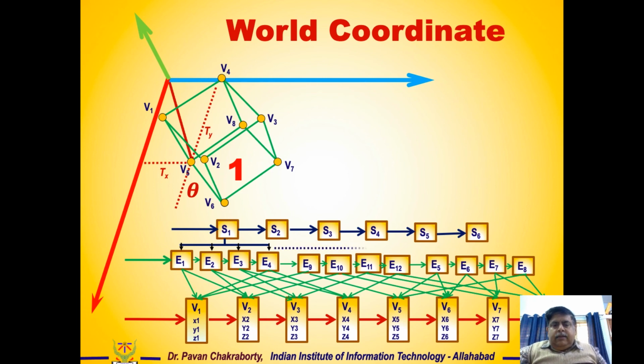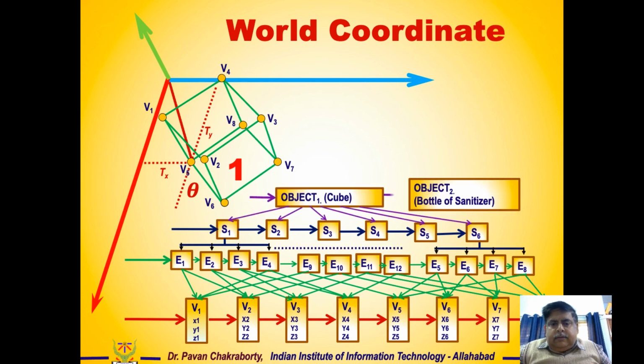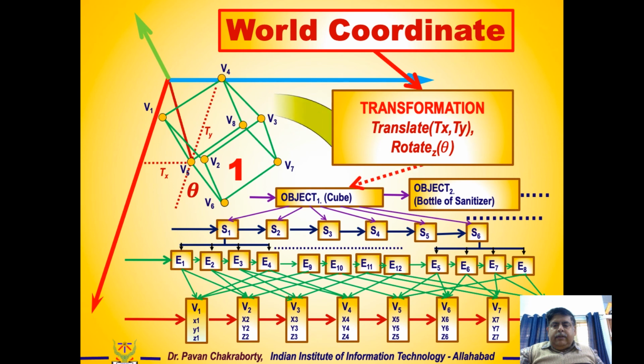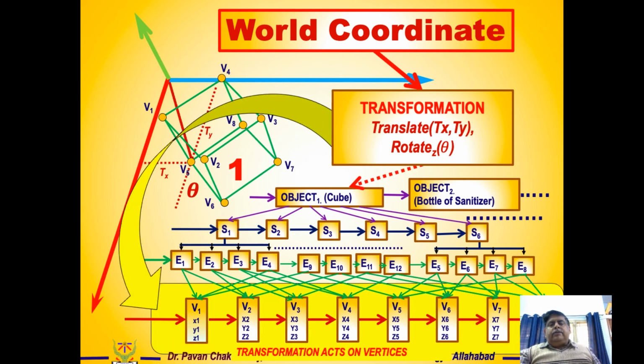So this is the object which is the cube, and then I could have a similar thing for object 2, which is the bottle of sanitizer, or the crank, which is object 3. This gives you the table behind these objects.